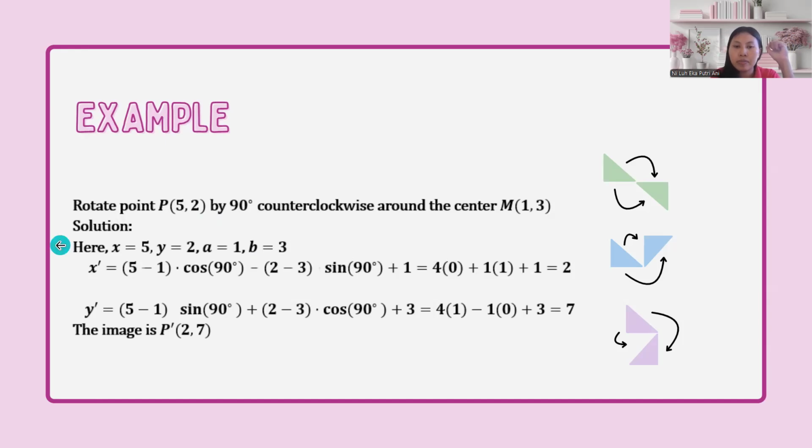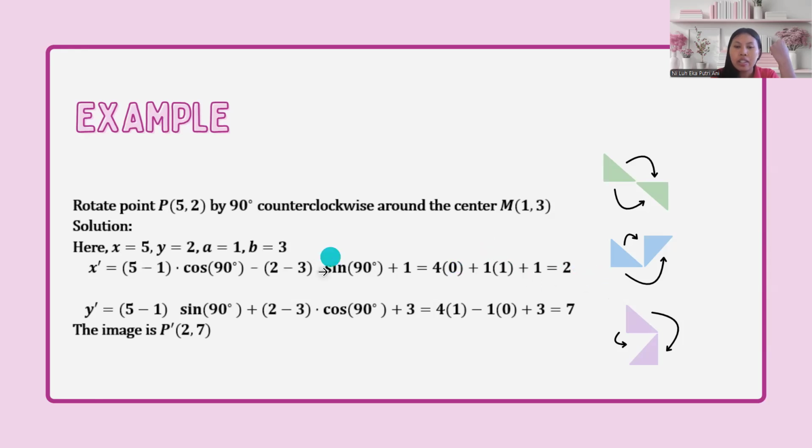So x' = (5 − 1) cos 90° − (2 − 3) sin 90° + 1, and we get 2.